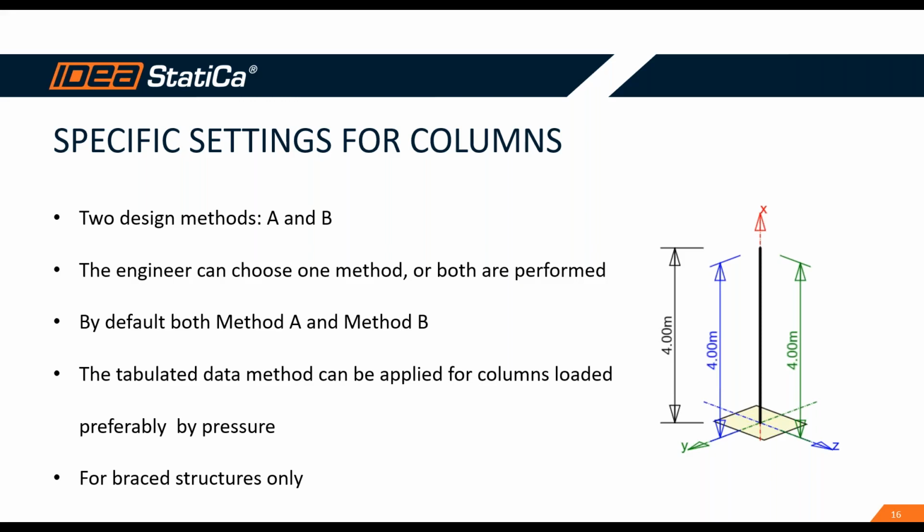By default, in our application RCS, both the method A and method B are performed, or if you want to choose one of the 2, you can do it manually. The tabulated data method can be applied for columns that are loaded preferably by pressure. And it is important to know that it can be used only for braced structures.